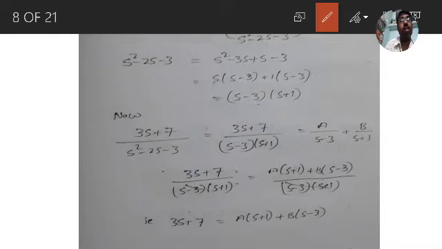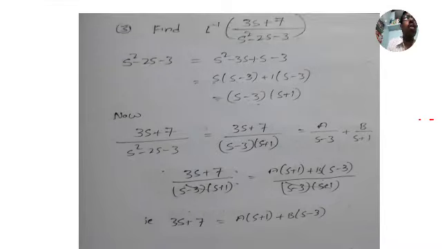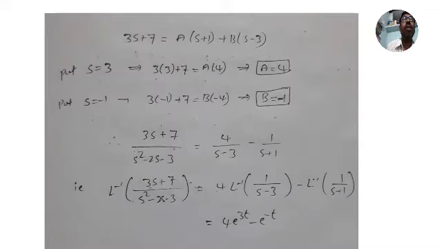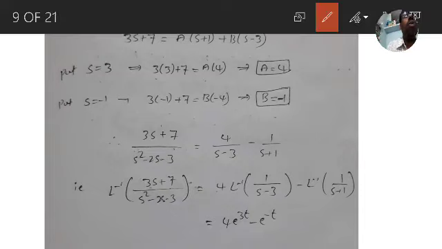To find the A value, you have to make B 0. To make B 0, put s is equal to 3.